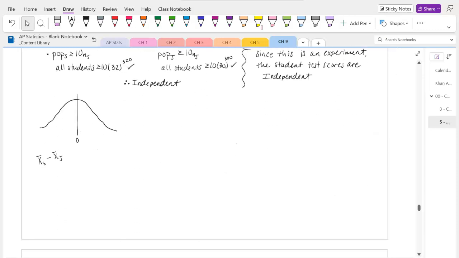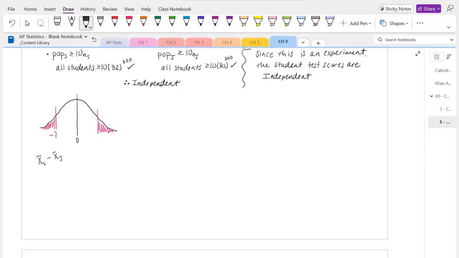So I just went in the same order right here, but we don't obviously have mu, we have x bar. So when you take your two numbers, 78 and 85, and subtract them, 78 minus 85, you're going to get -7. So I'm going to go ahead and put that right there, and then shade that way. But obviously, because it's not equal to, we have to go on both sides shading wise.